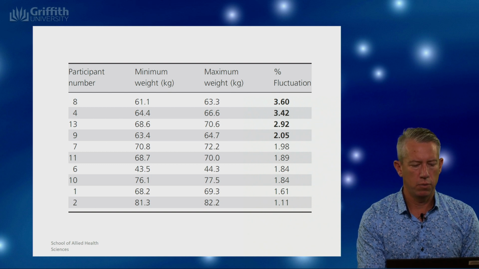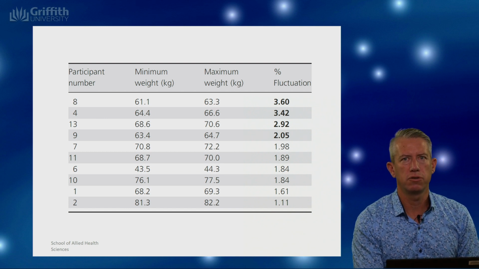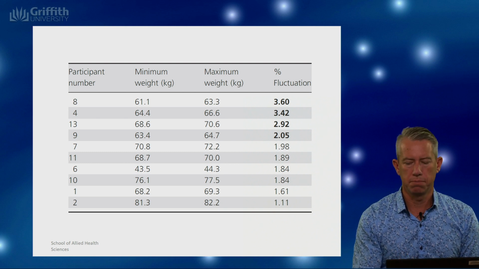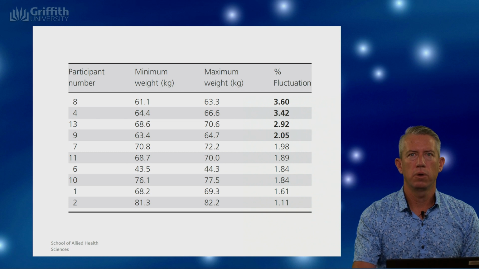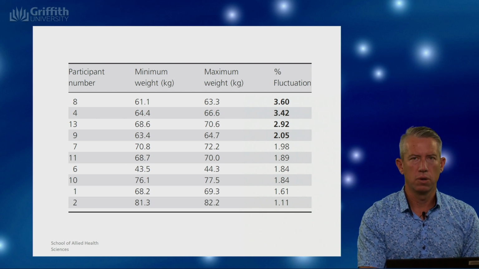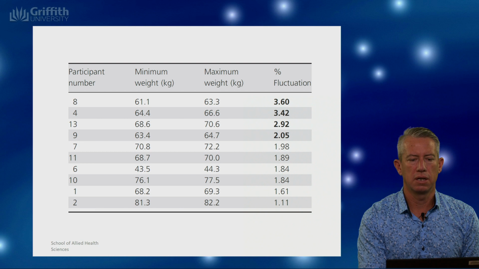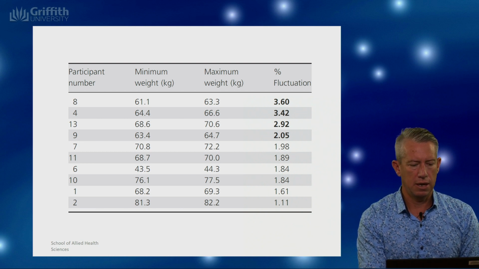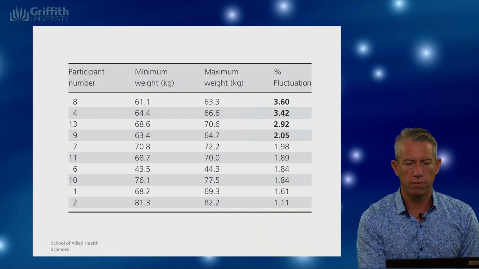So if we have a look at the right-hand column, we have 4 of these 10 individuals who had more than 2% body weight fluctuation within the one day. So these are, as I said, healthy, otherwise normal individuals who are seeing their body weight change substantially as a consequence of just day-to-day normal fluctuations.